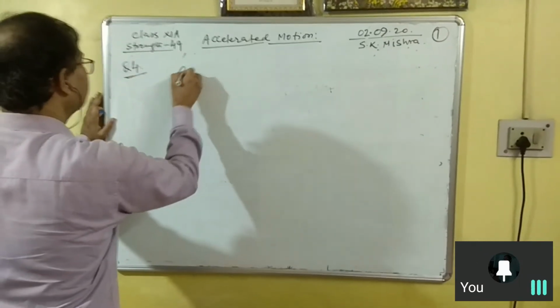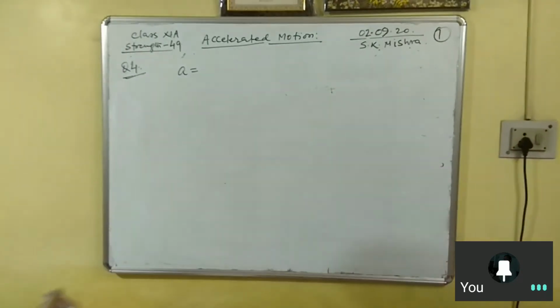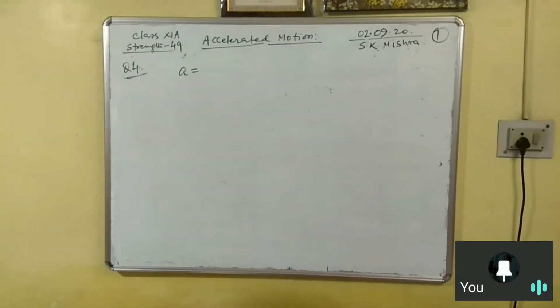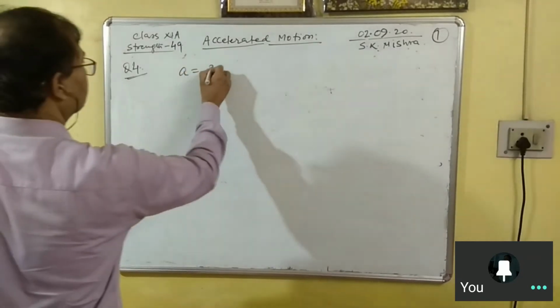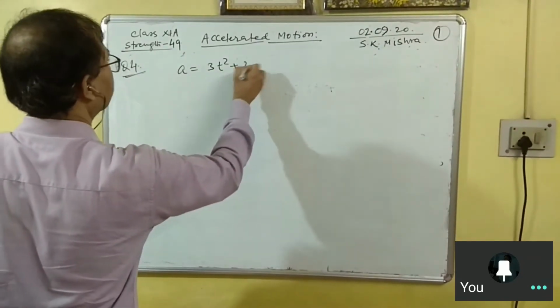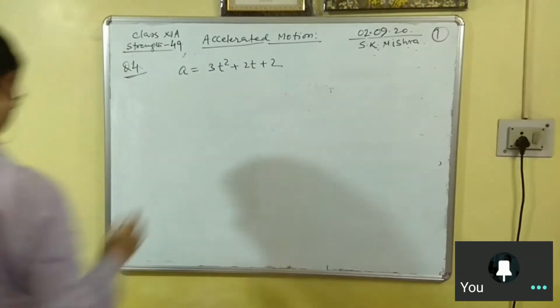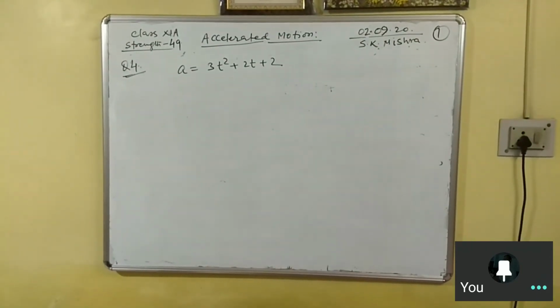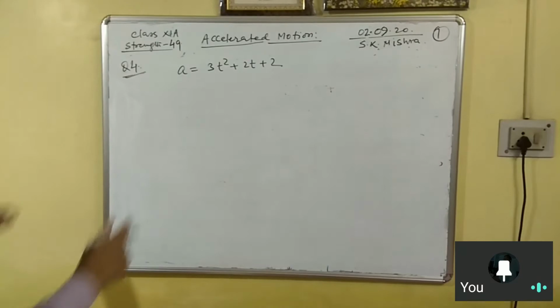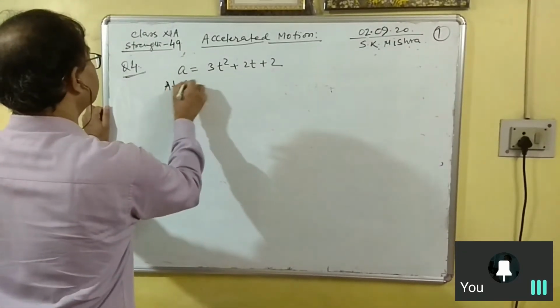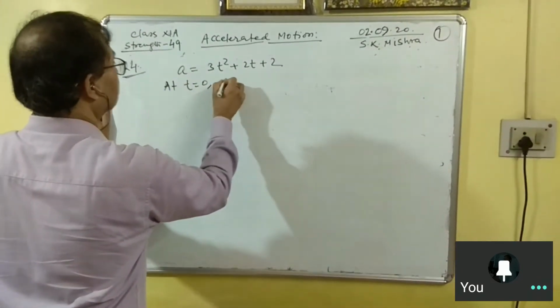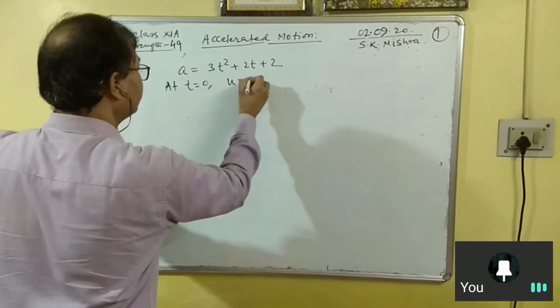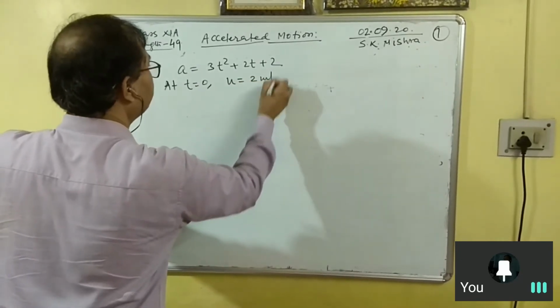The problem is acceleration varies with time. The relation is given to you: 3t square plus 2t plus 2, where t is in second. If the particle starts with a velocity 2 meter per second at time t is equal to 0, that is, initial velocity is given to you, 2 meter per second.